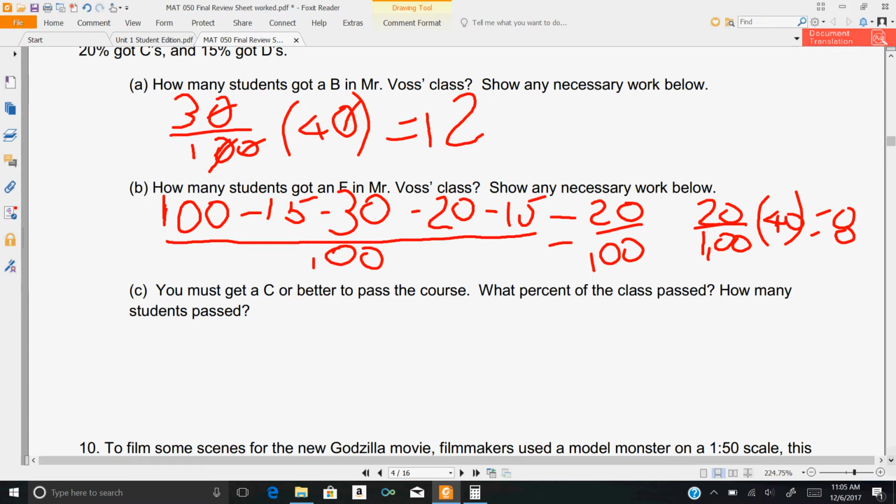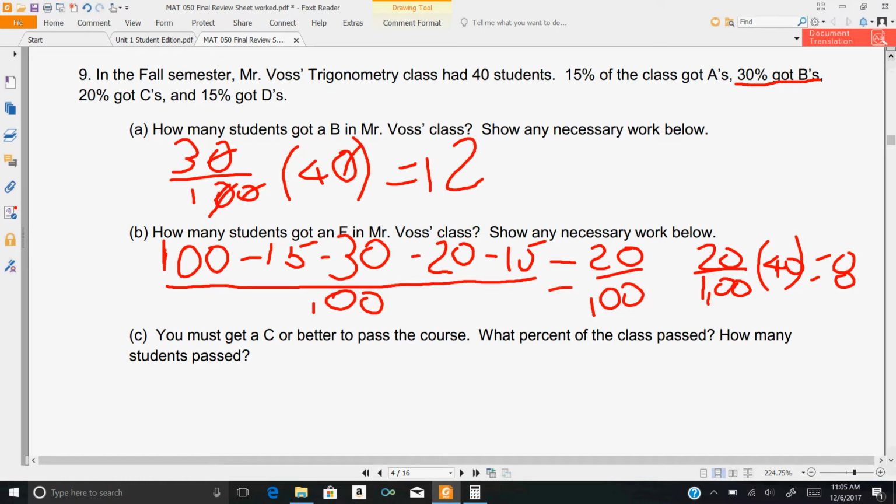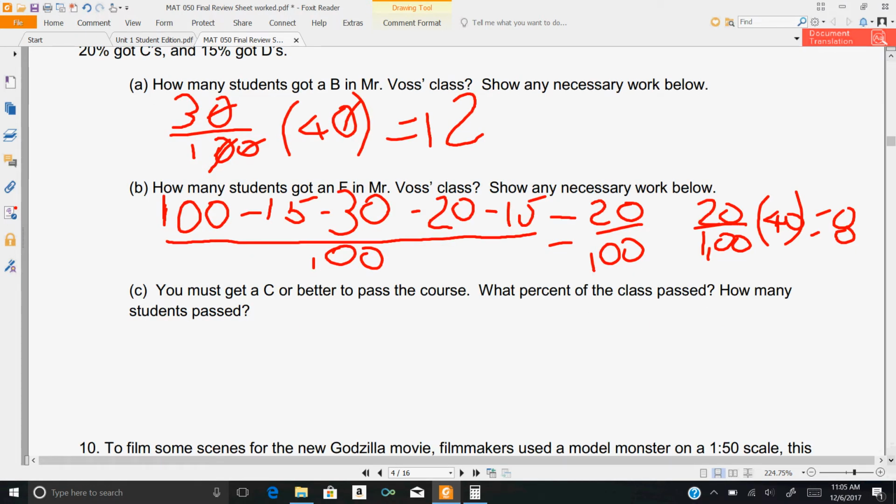Question C, you must get a C or better to pass. So we need to know how many people are going to pass. Well, anybody who got an A, a B, or a C is going to pass. So we take our percentages for A, 15% plus B, 30% plus the 20% that got C's.